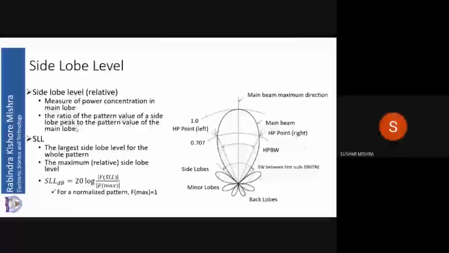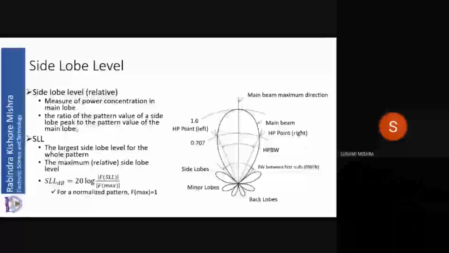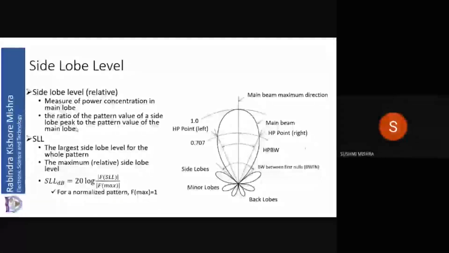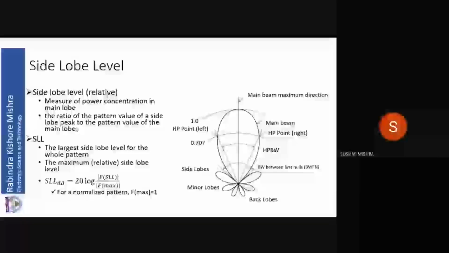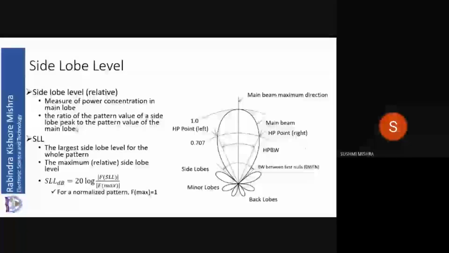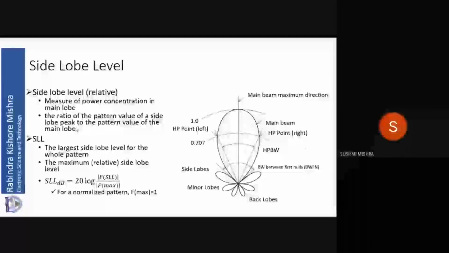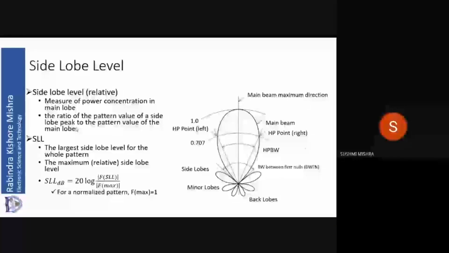Then another definition is the beam width between the nulls. Now look at the main lobe and the side lobe. Between them there is a point where the value is 0, because it is neither 1 nor anything near 1 or anything that can be measurable. Those are called null points, where the field value is 0.